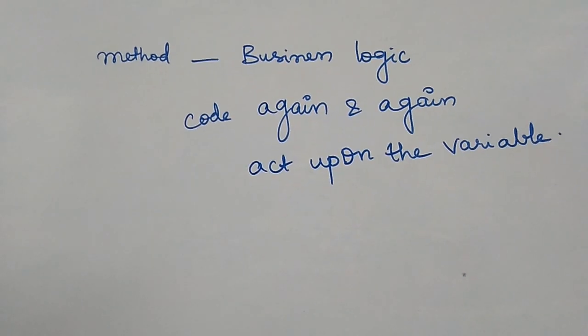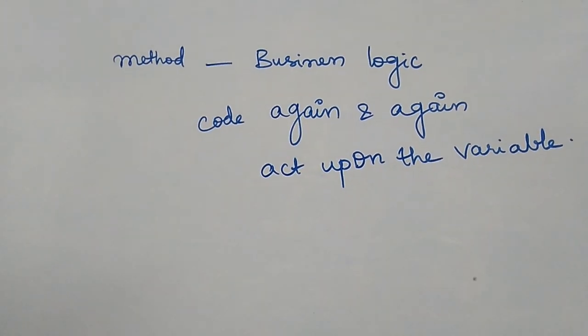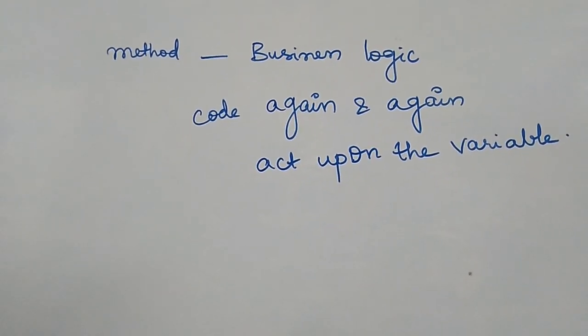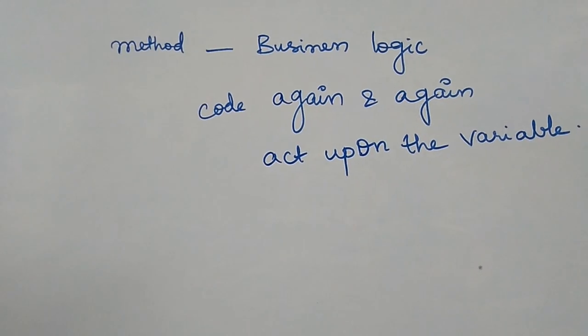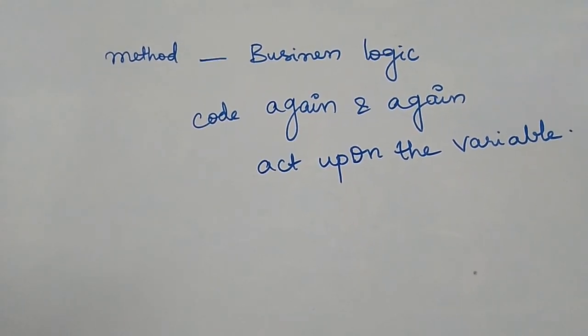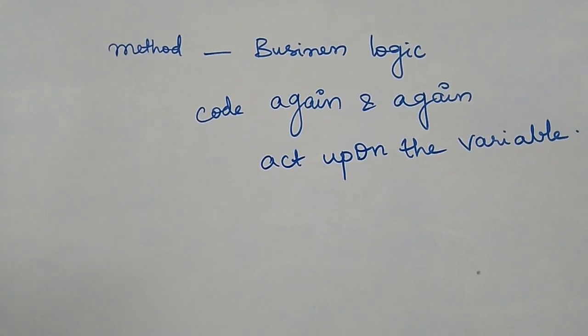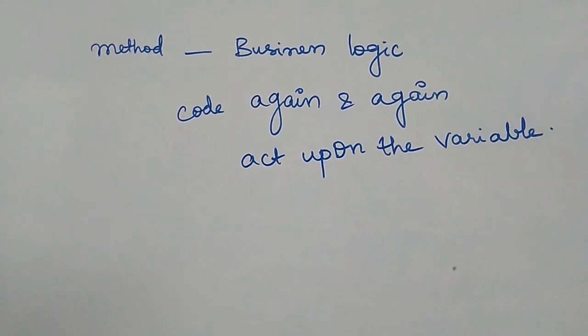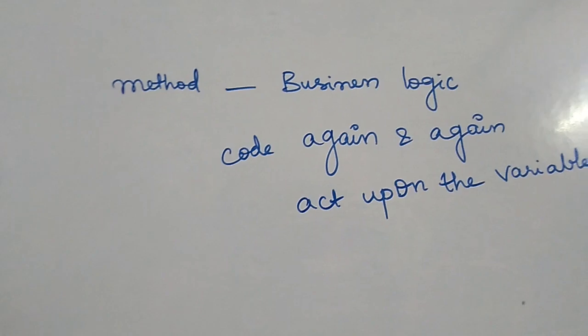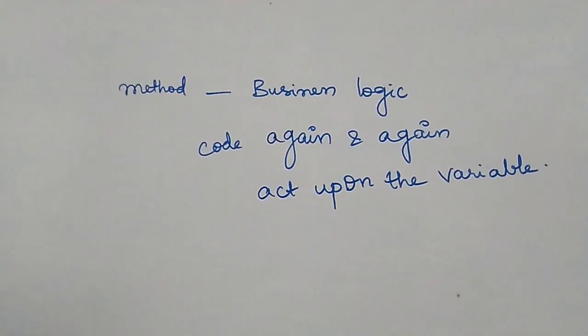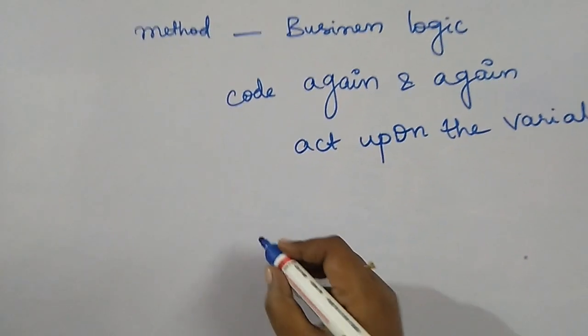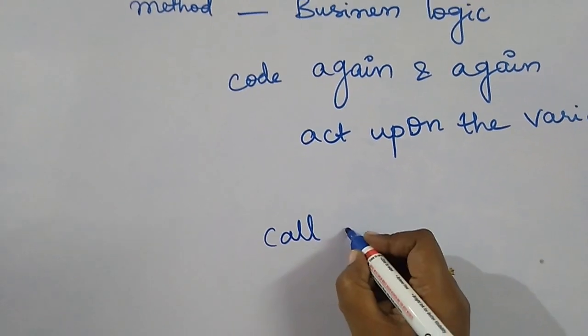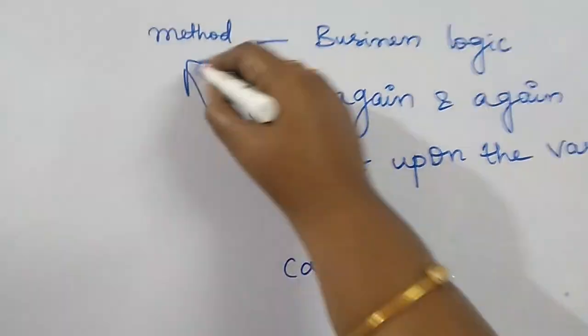You will write methods in a way that you can handle them. You will not write only one method which is very lengthy. Rather, you will split it up into smaller chunks, and you can have n number of methods inside the class. This is the purpose of the method, and the method will execute only when we call it.